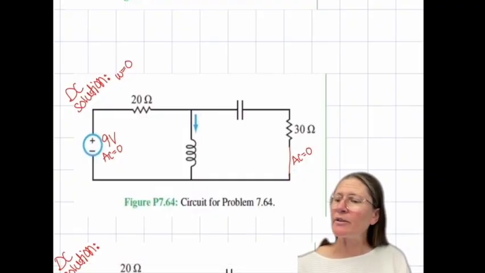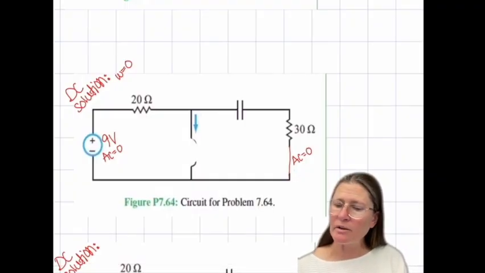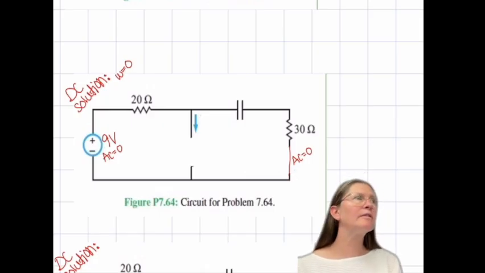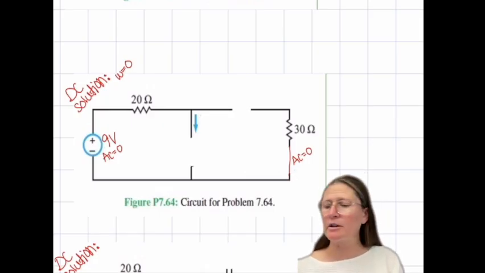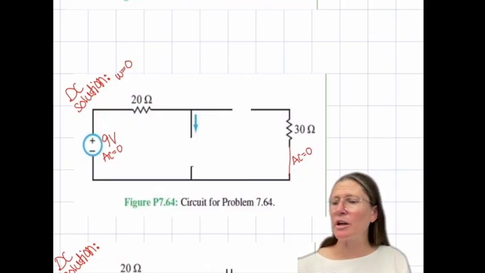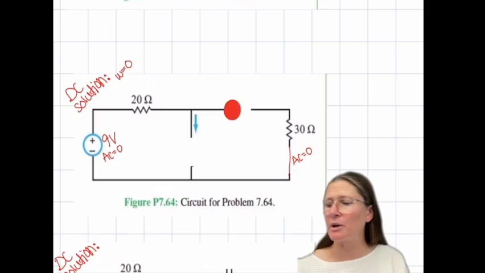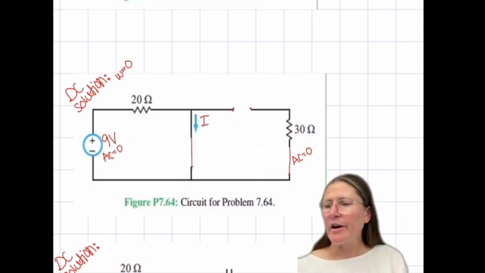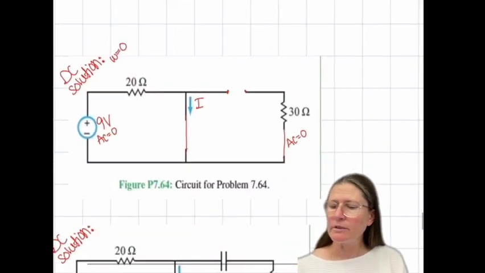And then because of this, j omega L is going to be 0, so it's going to look like a wire. And 1 over 0 is going to look like infinity, so this becomes an open, and this becomes the wire. We're solving for IL.